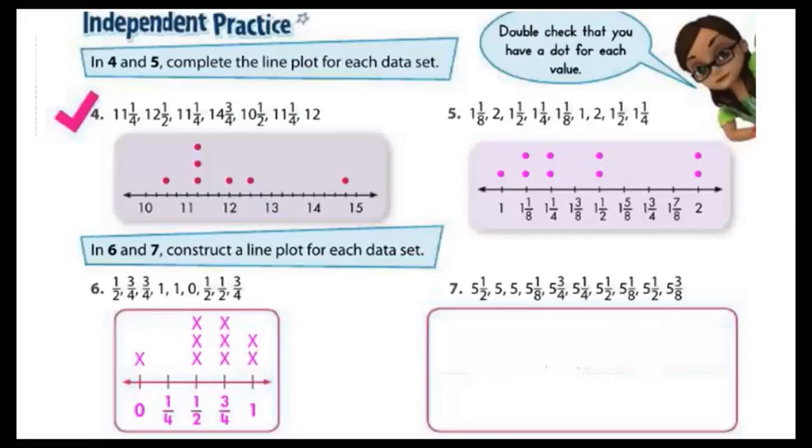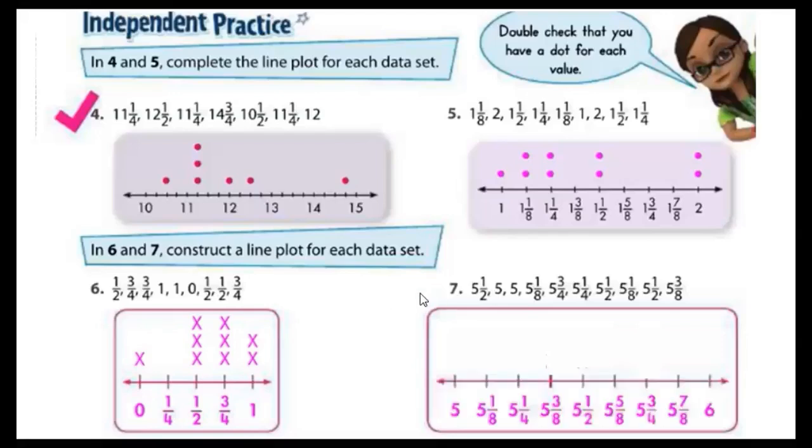Okay, now on the page, in question number 7, draw the number line and write the value under each dash. After arranging the values ascending, you will start with the least one. The least one is 5. How many 5s do we have in the statement?